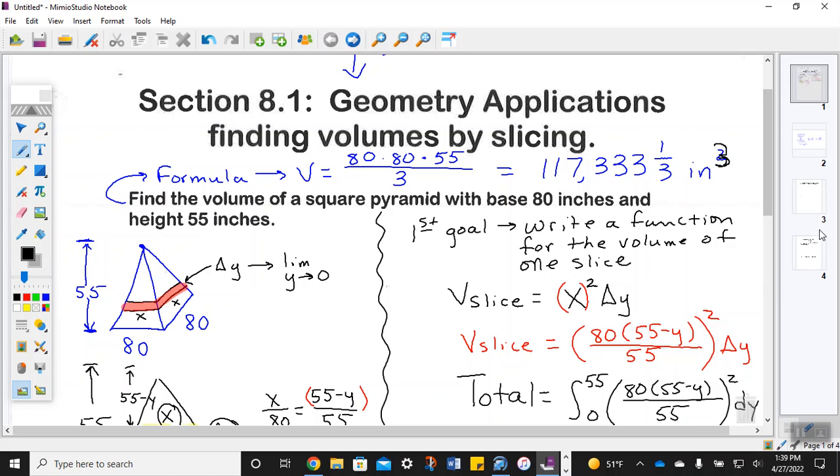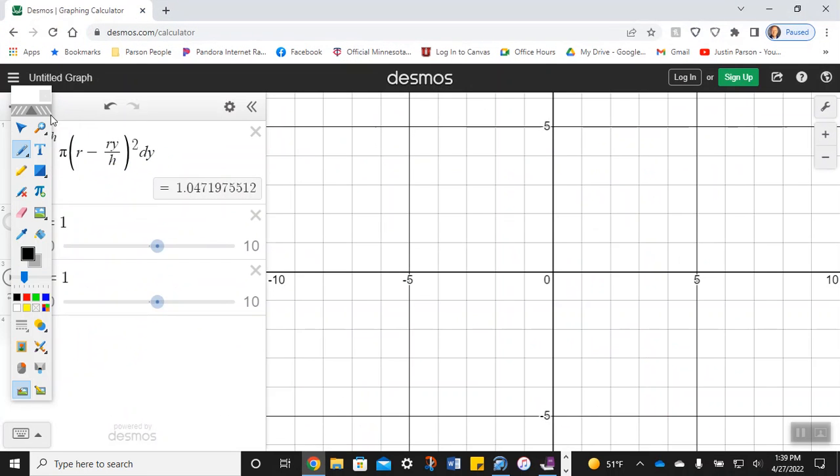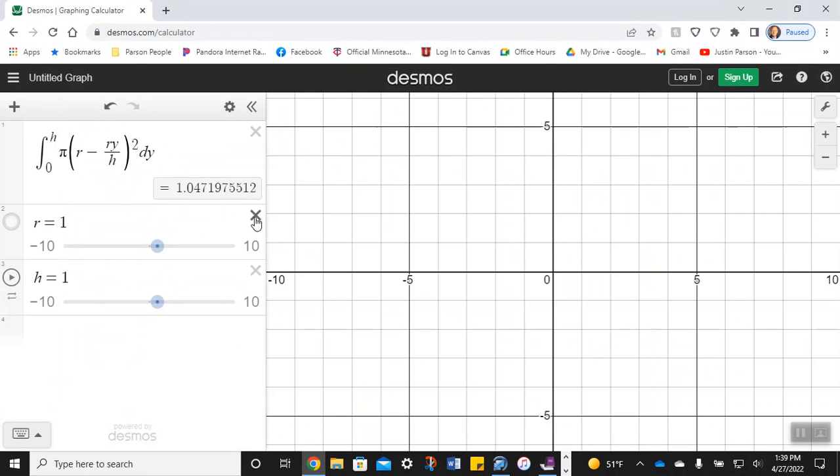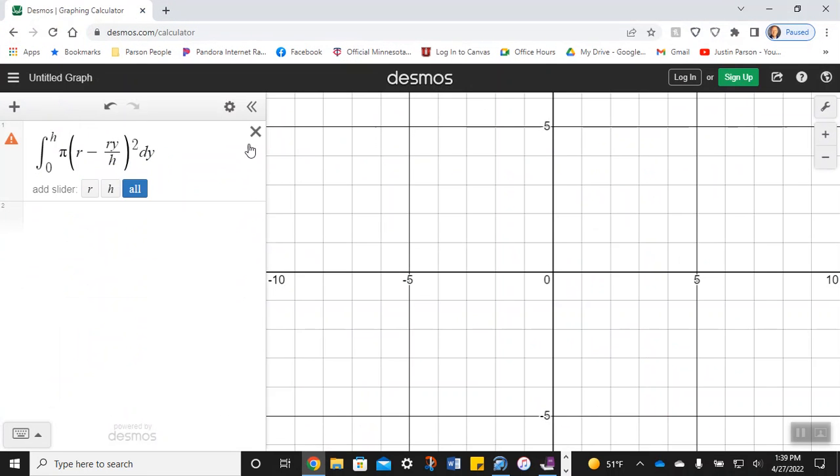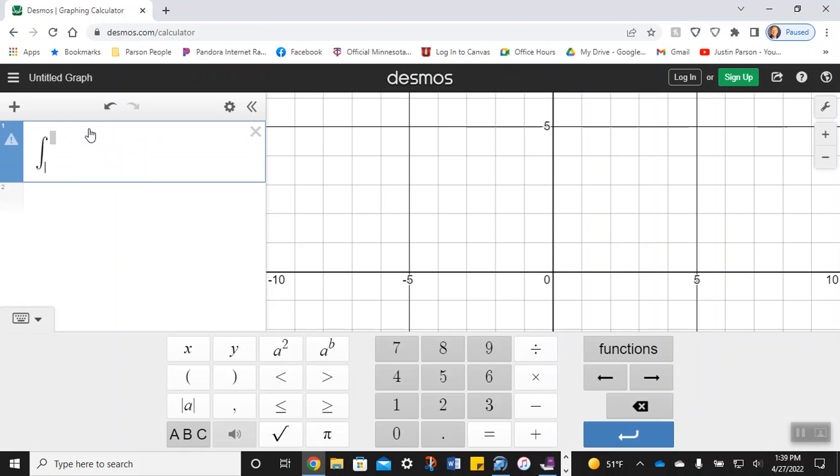Okay. Check this out. We're going to go to Desmos. We're going to get rid of this. I'm going to type in INT. Whoops. Okay, sorry, Brett Favre, INT. 0, tab, 55. Tell me what to type in. 80 times 55 minus y.